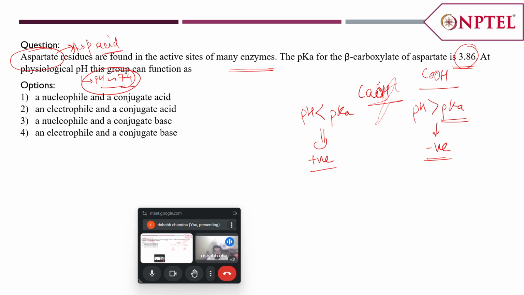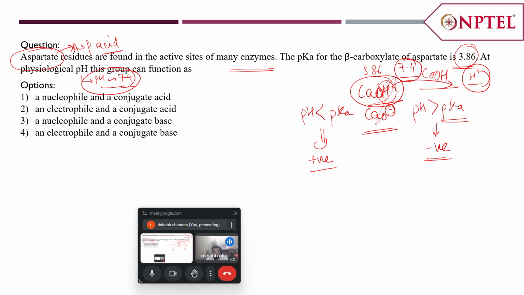Now what will happen if this has a pK of 3.86 and we are at a pH of 7.4? The pH is higher, which means the H plus ions in the outside environment are less compared to the pK of this moiety. It will try to release this H plus ion, and it releases and becomes negatively charged.